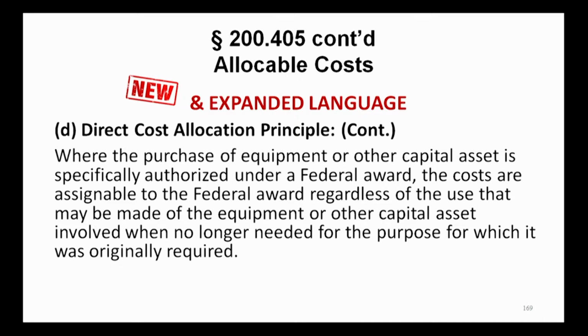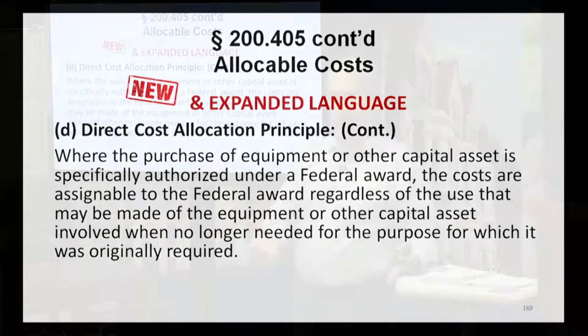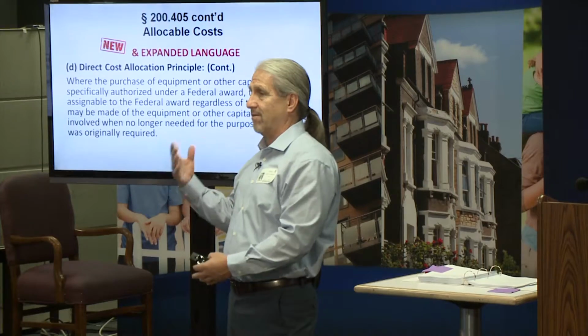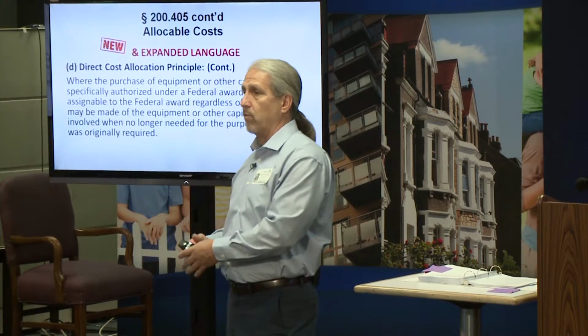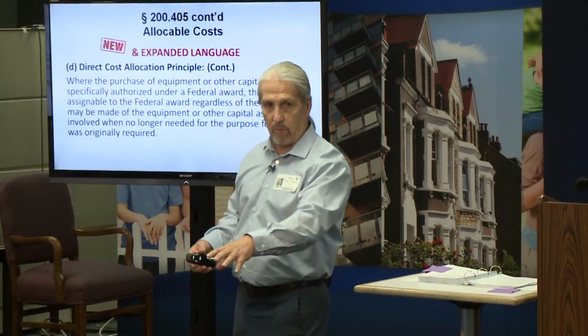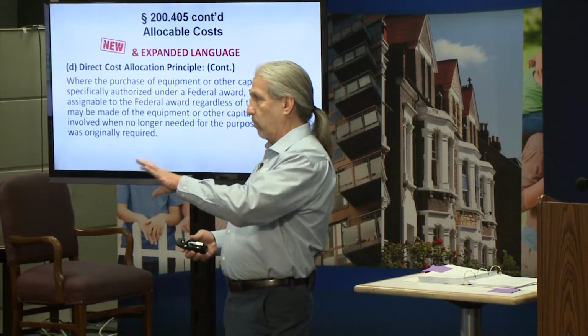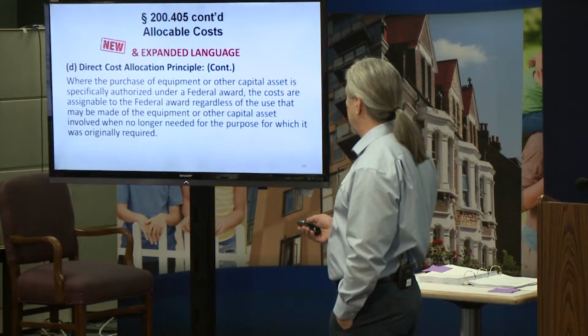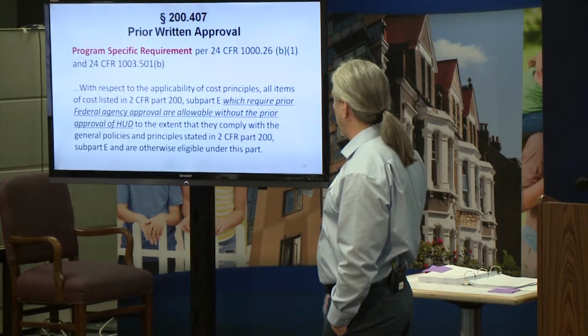So meaning, we're talking about equipment. At some point, we might be finished with that project, and we can dispose of that piece of equipment. What this is saying is, at that time, I don't need to now allocate that cost to another federal program. So it would stay with the original program that we purchased it in. So that's kind of new expanded language.